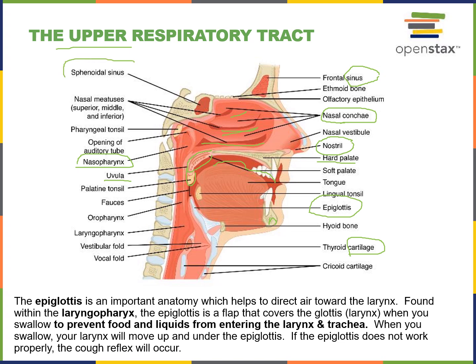They all have names, and they're named for the bones in which they're found. So a frontal sinus in the frontal bone. This one in this case is the sphenoidal sinus. So you just need to know sinus generally, right? And that they're there. Nasal meatus, that's the shelf-like structures that are over here, the nasal conchae.